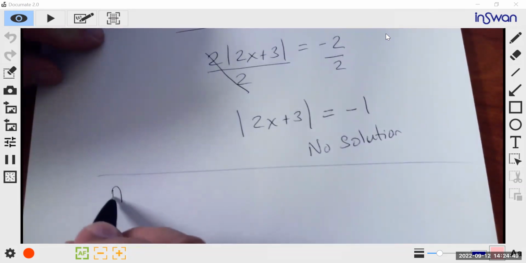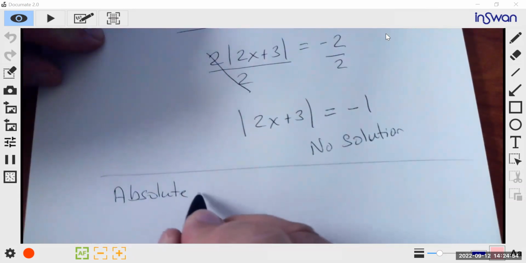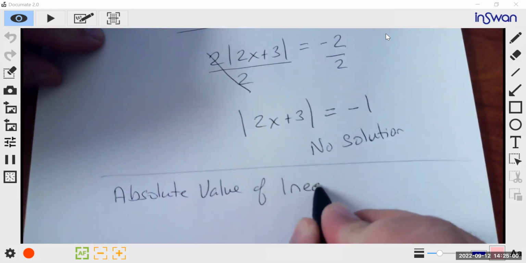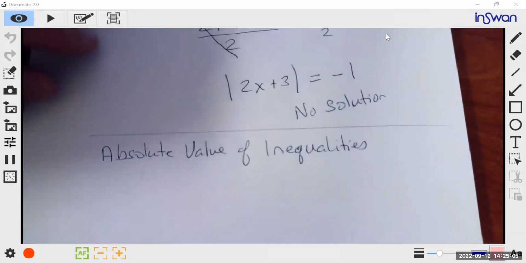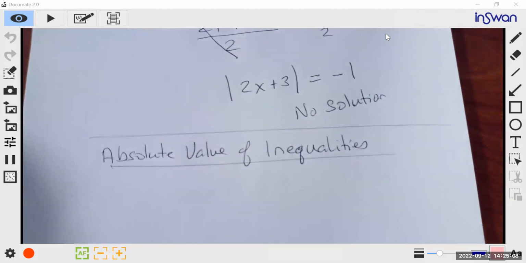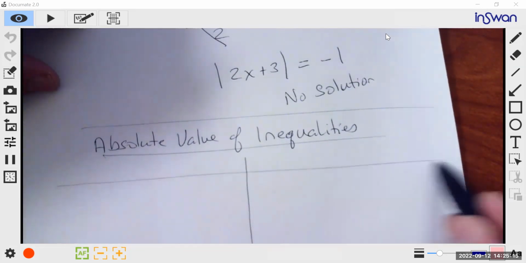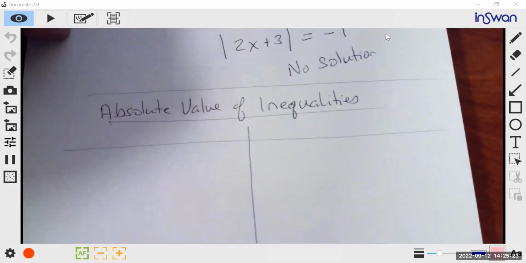Now with absolute value inequalities, we have two possibilities.